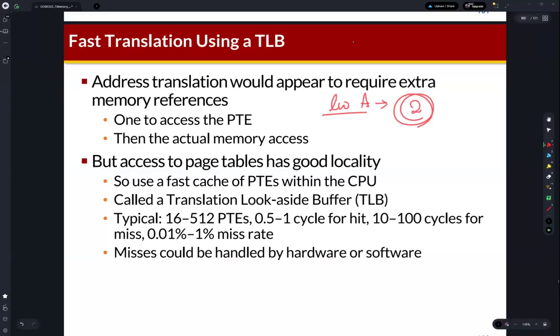Because the main memory is very slow, we need to tackle this problem. This is the very significant performance overhead caused by virtual memory.